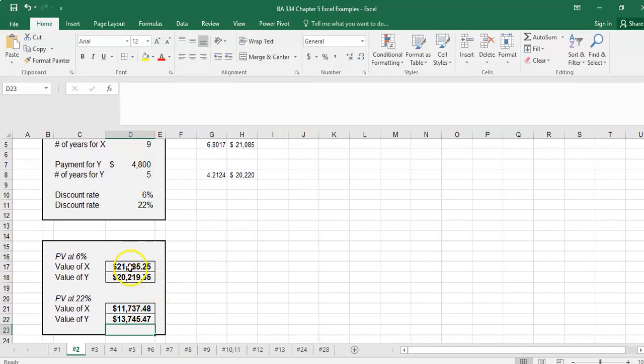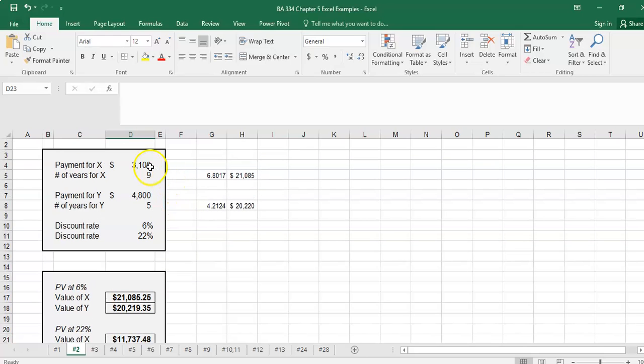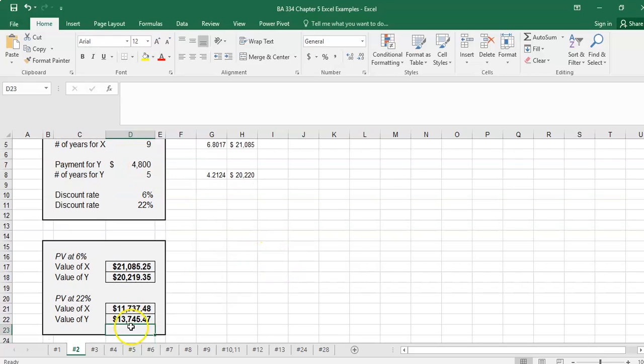So we can see that we get more money if at 6%, the 3,100 for 9 years has a higher present value, where at 22%, the 4,800 at 5 years has a higher present value.